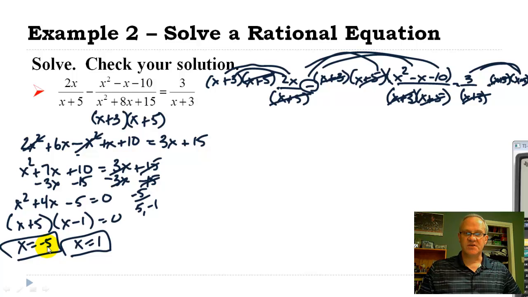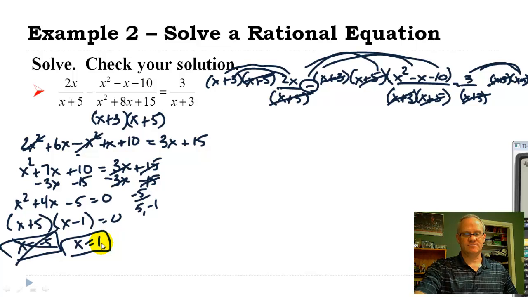So if I plug this back in here, I will get 0 on the bottom of this fraction, and that's no good. So I have to cancel out that answer. I'm not going to take the time to go into it, but if you plug 1 in here, that should work. So in this case, 1 is our only answer. Okay, so there's another one solving a rational equation.